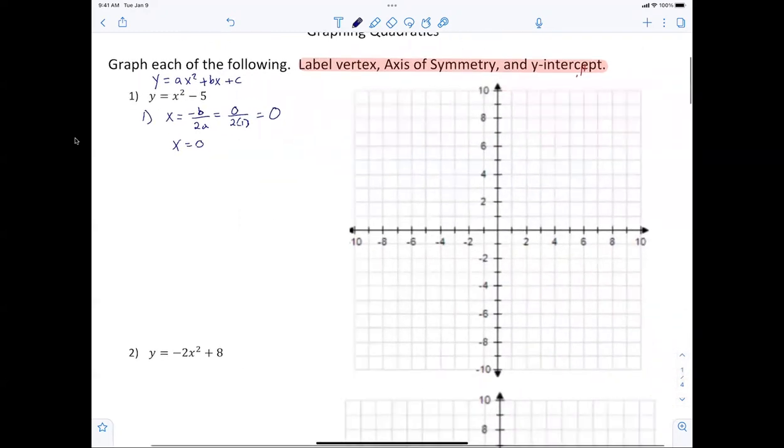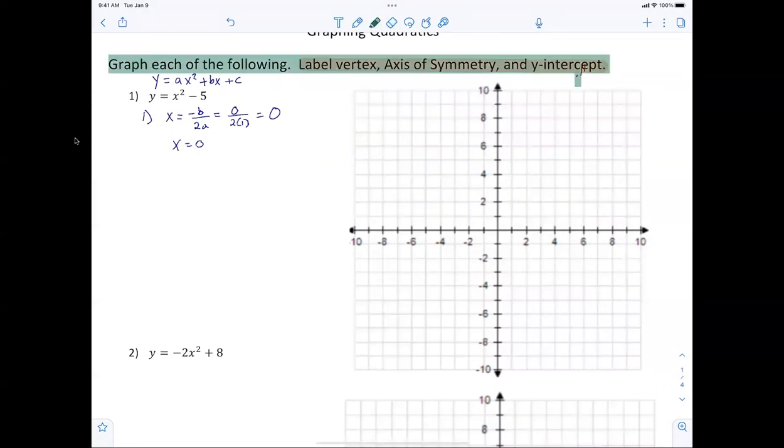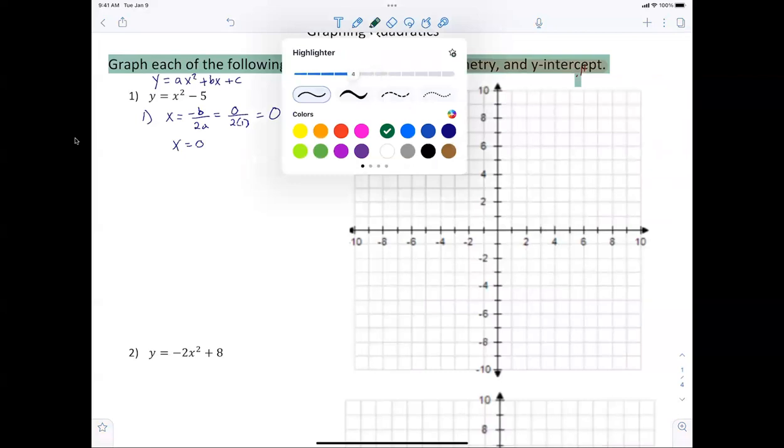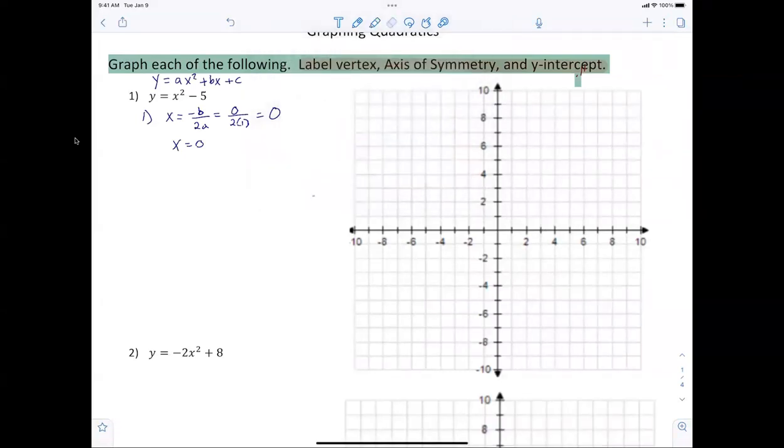So now let's go over. Normally what I tell kids to do is draw an axis of symmetry where you slant the lines a little bit. Does everybody see that so you can see it? But because I have my Notability, I can highlight, and then it's easy for me to graph the axis of symmetry.